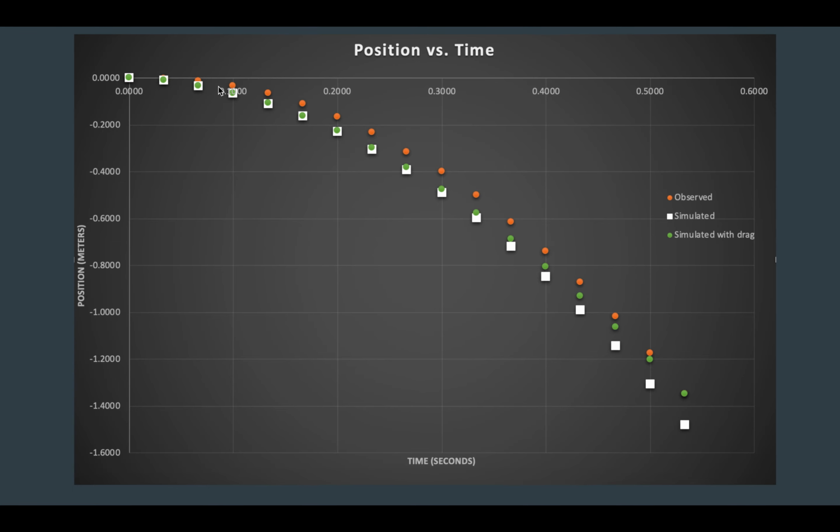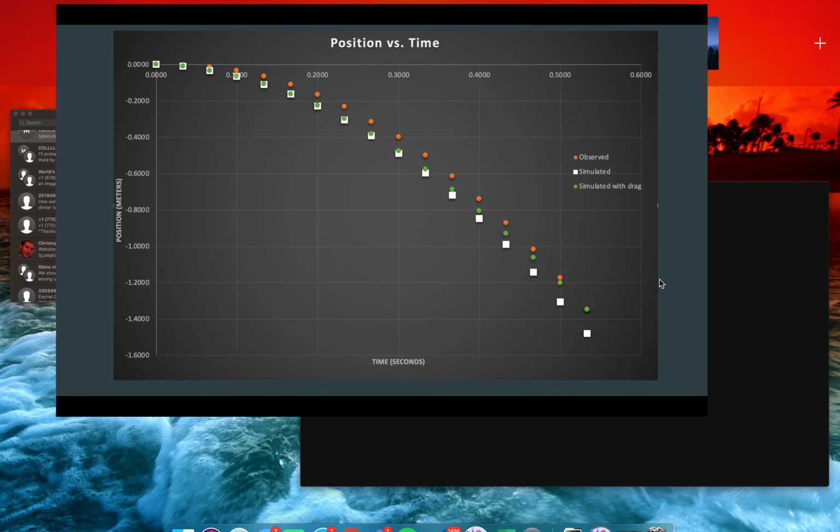You'll see that my observed model went the slowest initially and over time, and only until about the last 0.1 second was the observed velocity similar to the simulation with drag, which was supposed to represent something closer to how the ball would fall in real life.